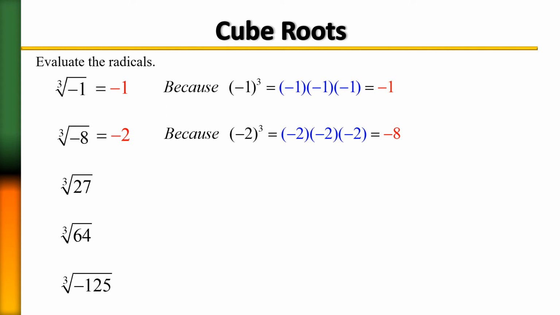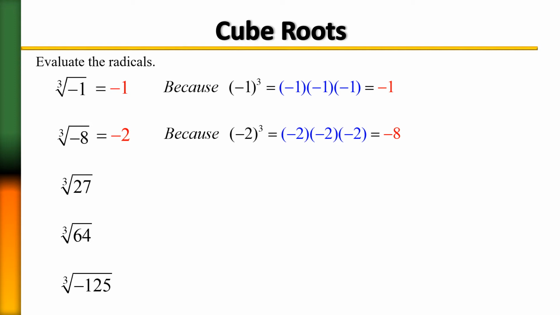I can do that from left to right, moving -2 times -2, and remember a negative and a negative equals a positive, so that equals +4. And +4 times -2 does give me -8. Again, notice whenever the radicand is a negative with cube roots, your answer is going to equal a negative. And if the radicand is a positive, your answer should equal a positive.